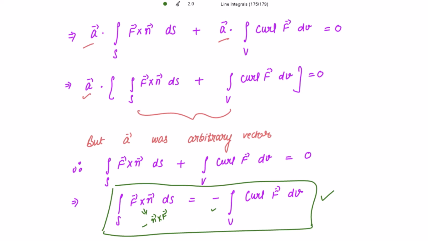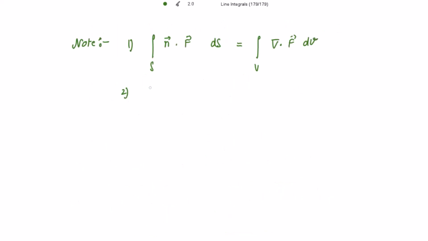So we get the surface integral of cross product of n vector with f vector ds equal to the volume integral of curl of f vector dv, without the negative sign.